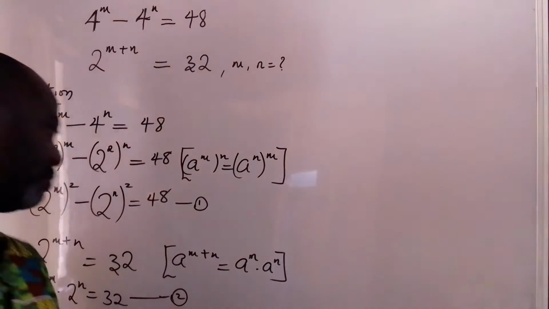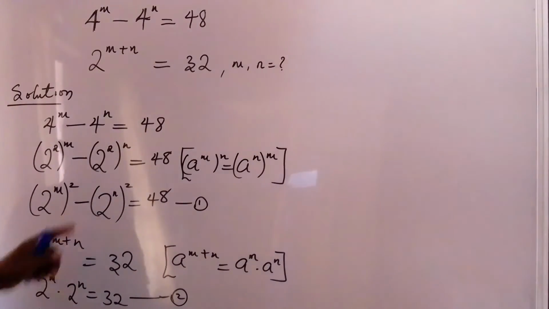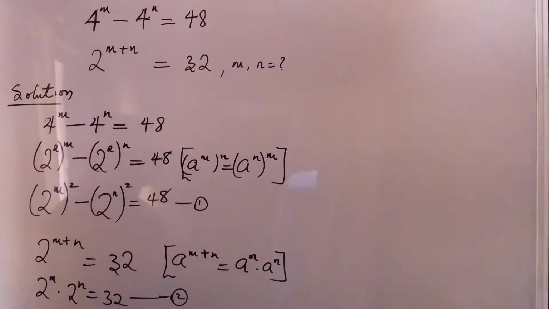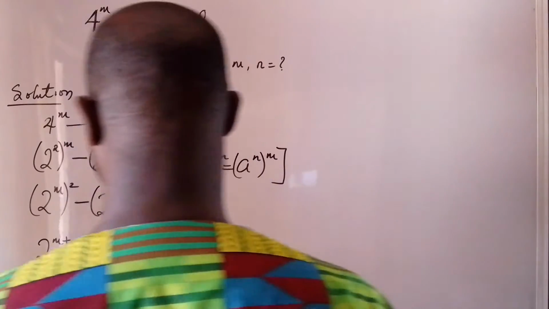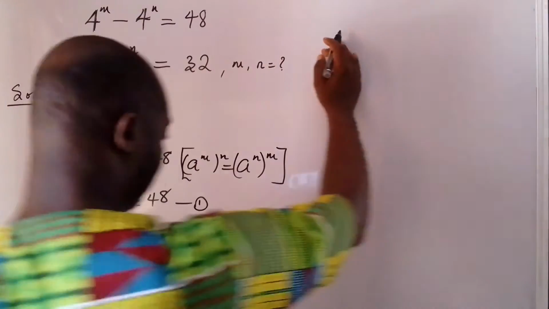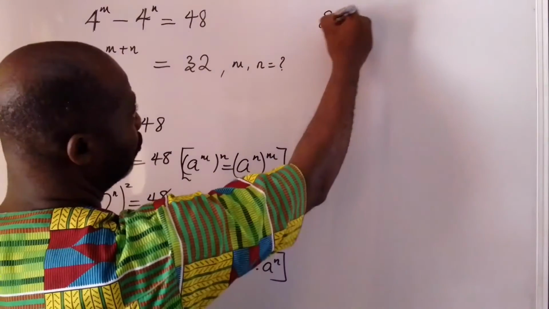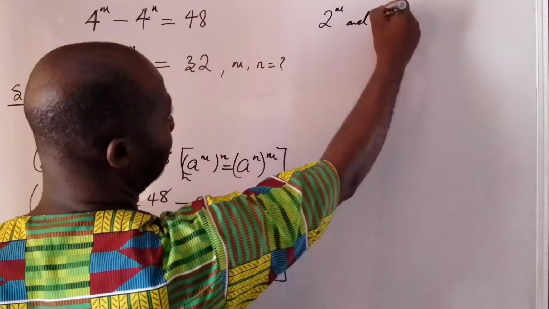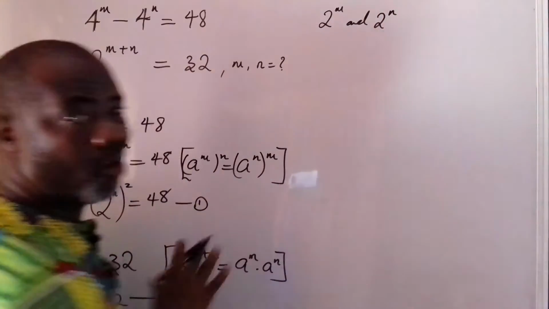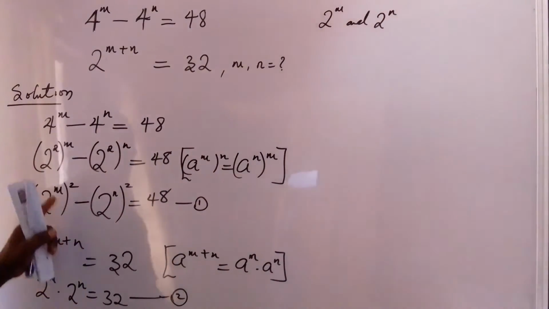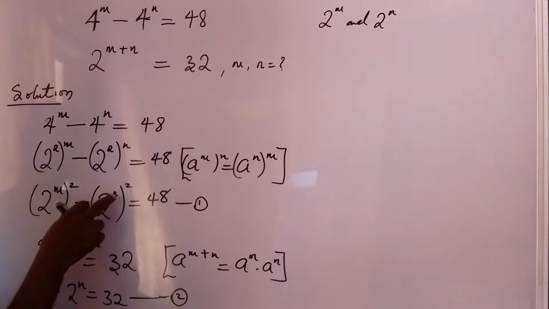So now let's go back to the two equations. Let's look at the two equations critically. We will notice that 2 to the power of m and 2 to the power of n are common to both equations. You can see 2 to the power of m here, and then we have 2 to the power of n.